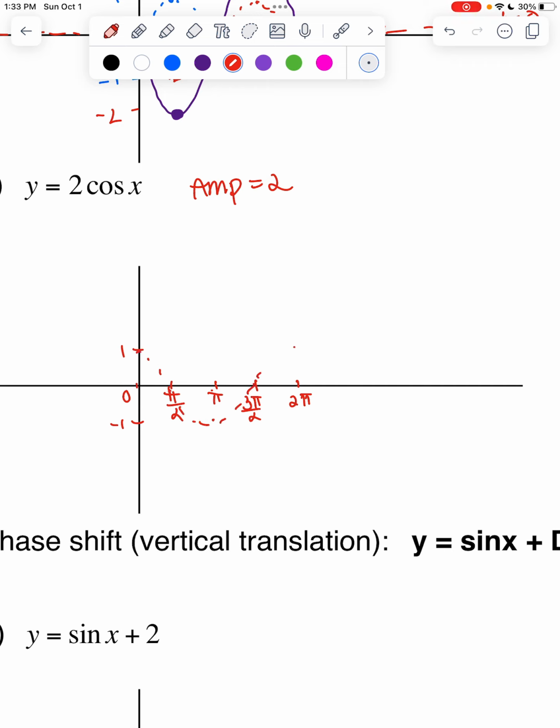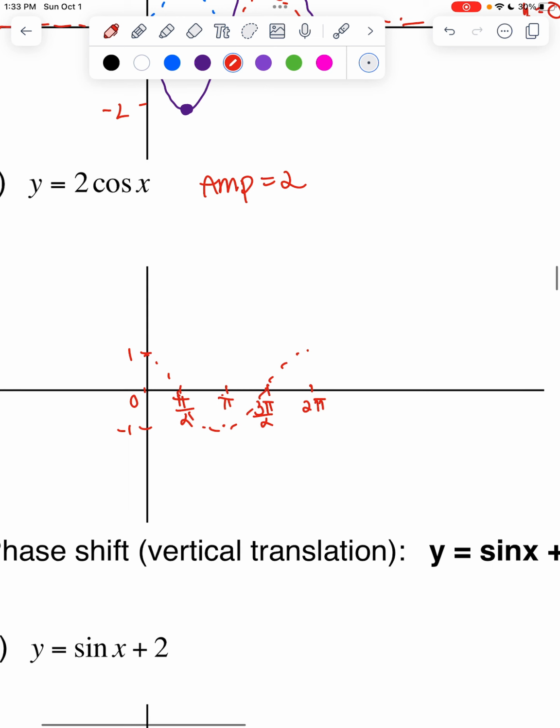There's my parent function of cosine of x. Again, we're just amplifying it up to 2, so I'm going to create 2 up there and a negative 2 down here. Our midline is still y is equal to 0. So here is our new graph of y is equal to 2 times cosine of x. There we go.